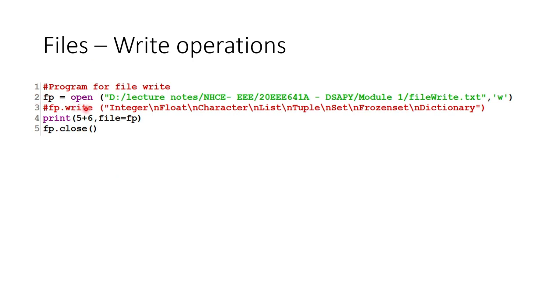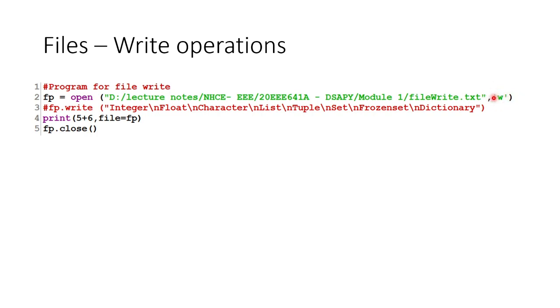So here we open a file called file write.txt, which is stored in this particular path. We open this file in the write mode. The mode of the operation is specified here using the W character.